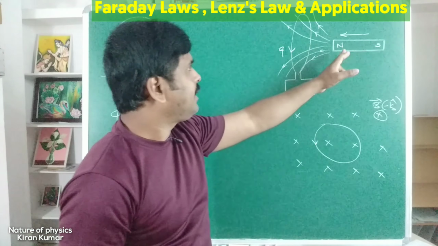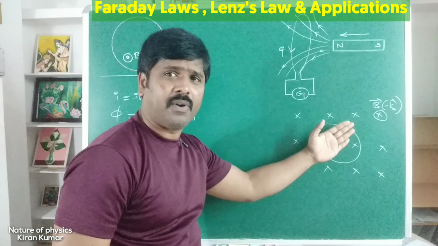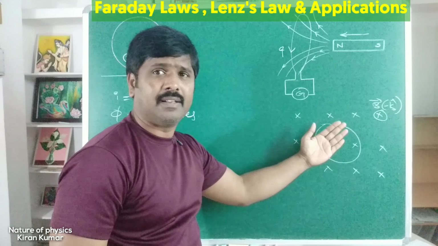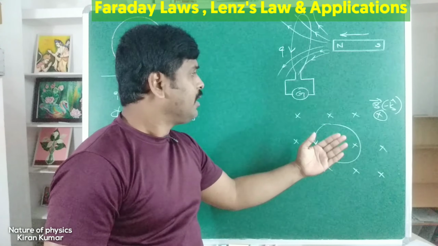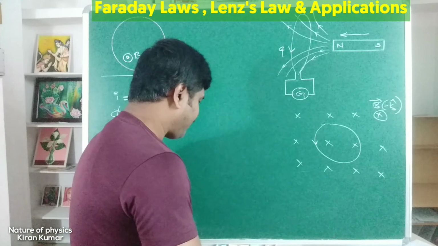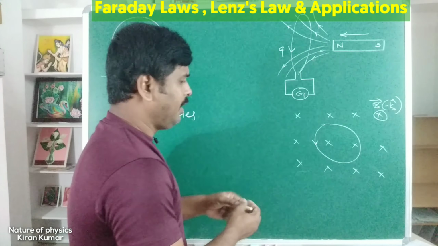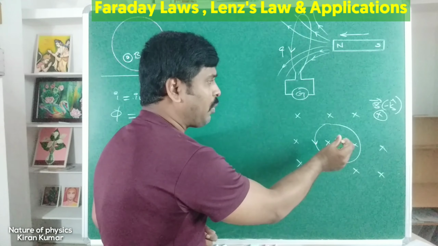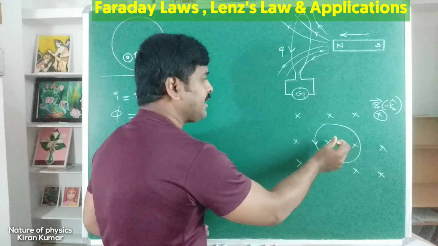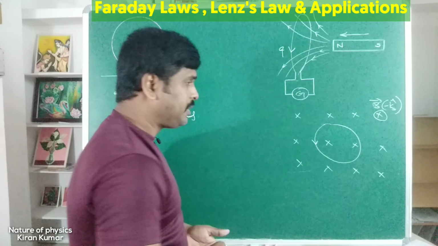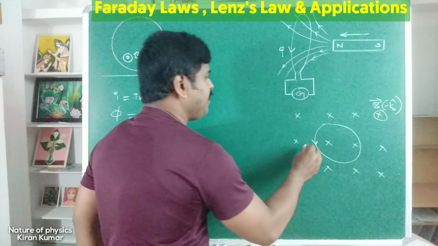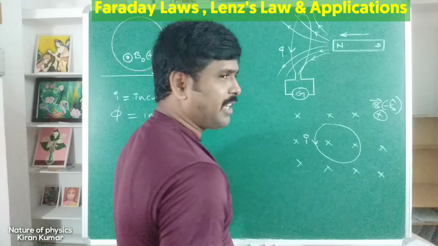See, magnetic lines enter into the coil. This is the side view. Here this is the magnet, for example, north pole and south pole. As the north pole enters, the magnetic field increases, and due to the change in magnetic field an EMF is induced, and that induced current is anti-clockwise.